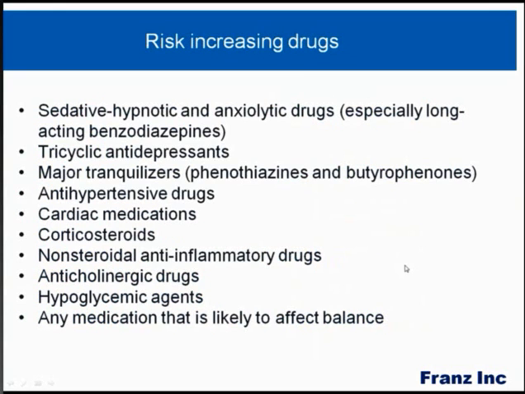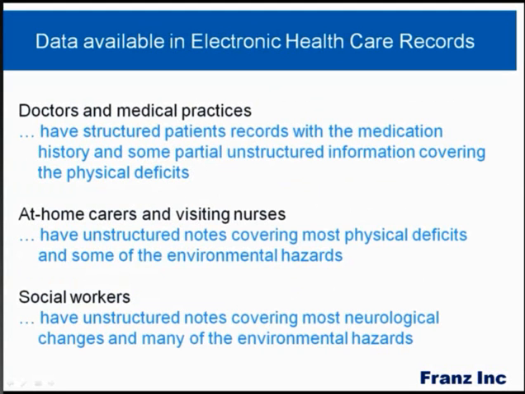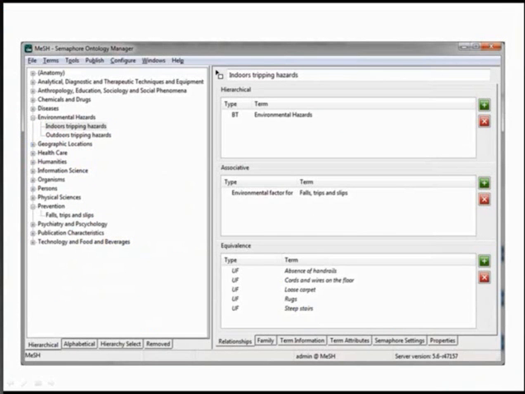And then obviously we would use MeSH and SNOMED to look at the text and find all the drugs that people were using. We would do the indexing on the unstructured text, both of doctors, of the at-home carers, and the social workers, and we created these additional hazards.